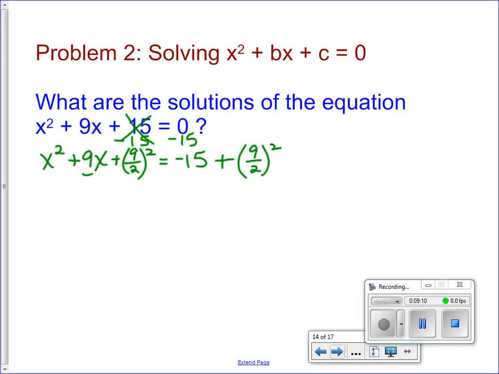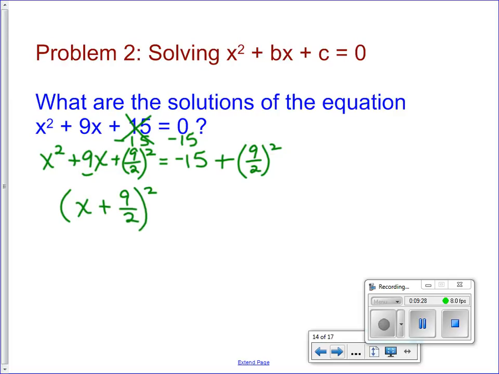What I am left with, and the easiest way to do this, is simply to recognize that when I factor this, I'm going to have x plus 9 over 2 quantity squared.